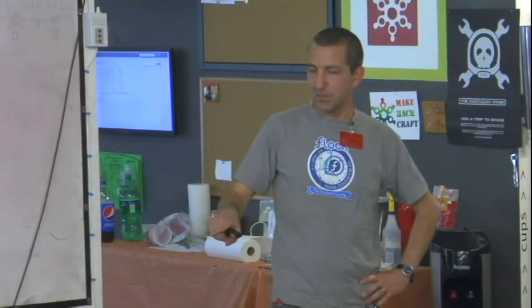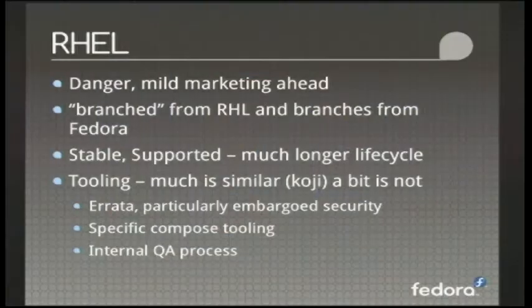I'm going to talk just a little bit now about some other distributions, and this is the one I said here: mild marketing on the RHEL slide. So Red Hat Enterprise Linux. Who's familiar? Who uses Red Hat Enterprise Linux at work? Raise your hand. Goody. Okay, so fewer than I'd hoped, but not nobody.